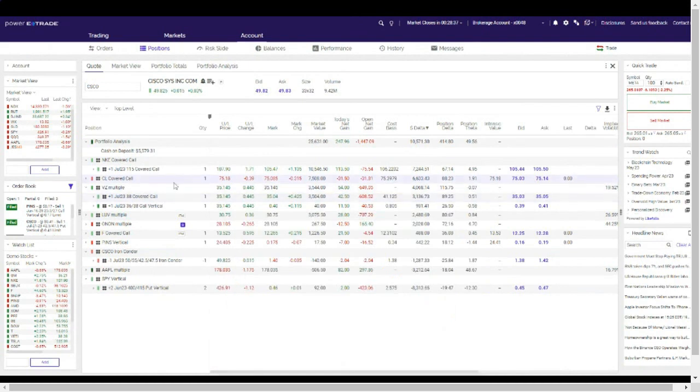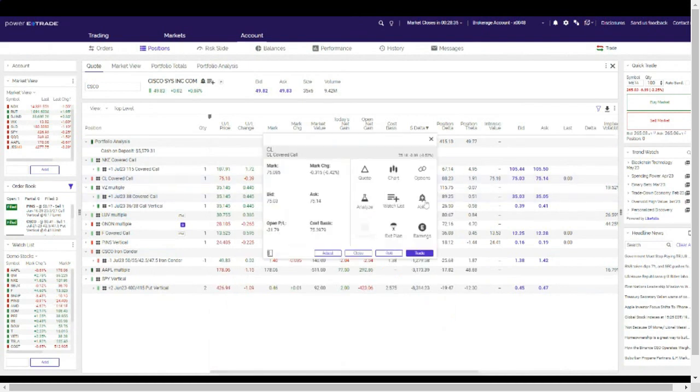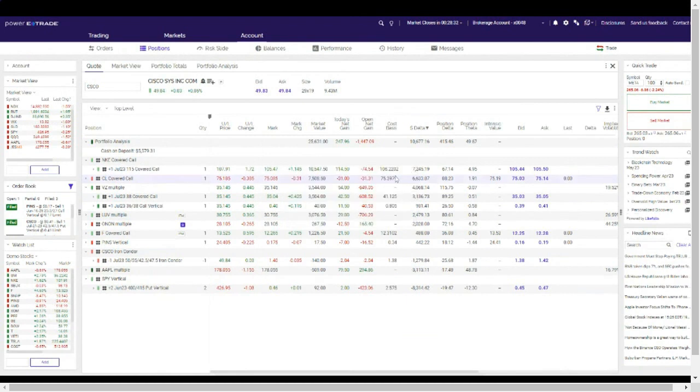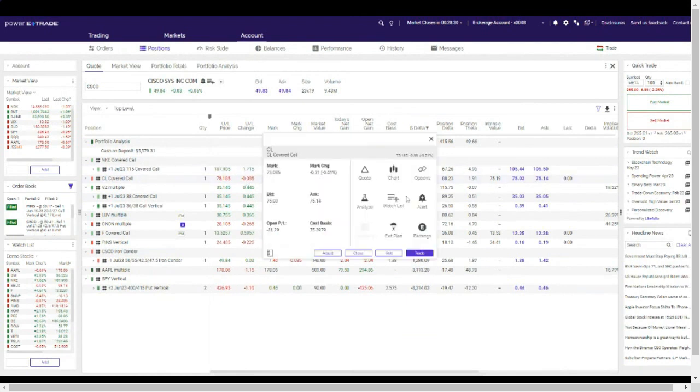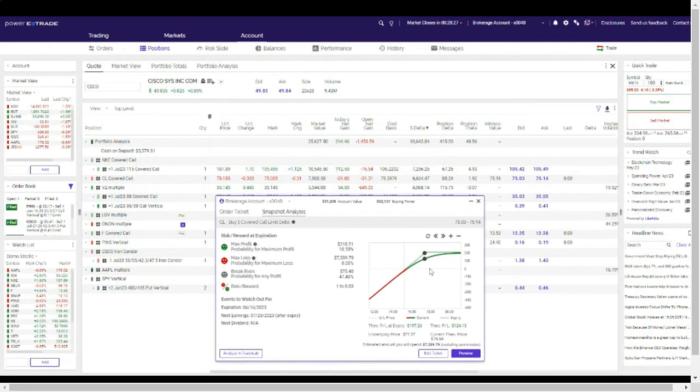If we analyze a Clorox covered call, let's analyze it. You can see that it's a bullish strategy, but only up to a point. And you can also see this is really important for spread traders to understand: if it goes to the strike that I sold, I don't make 100% of my profit today because there's still volatility value in that option that I sold.